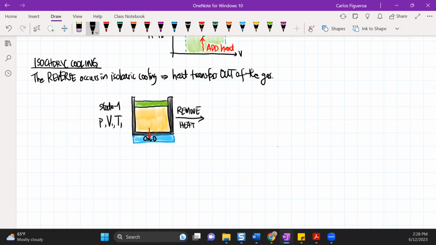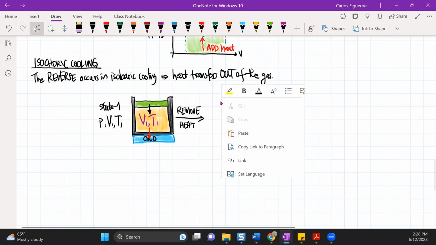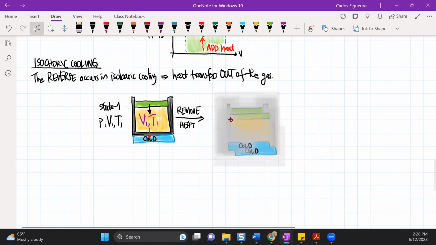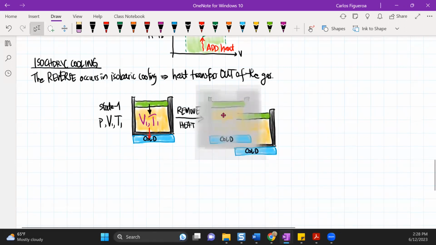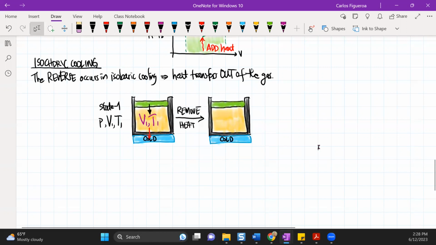So what you're seeing here is that the volume and temperature of 1 are large as the piston head decreases. Now, because this is a floating one, it stays that way. So then if I look at this again, here's what I see. I'm seeing that this is actually lower in height now.